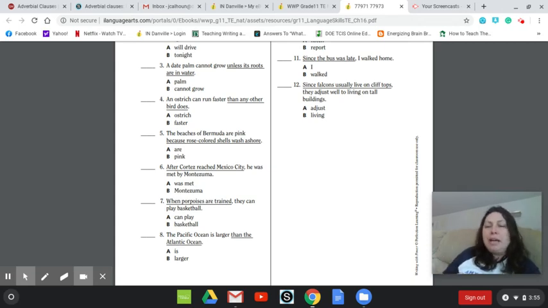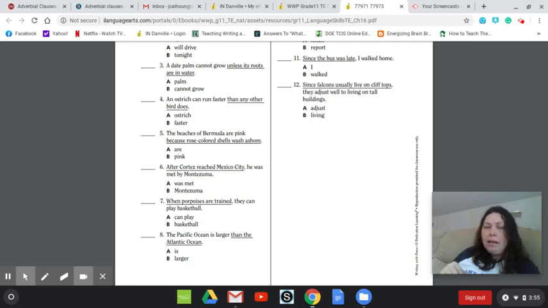So was met is what is being modified, and it's telling us when he was met, which is after. All right. So I hope that went pretty well for you guys. If we look again at the commas, you can see that when the clause is in front, you need a comma. When it's in back, you do not. So take a look at those examples of how that works.